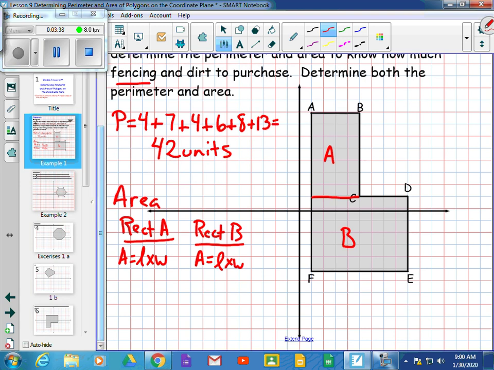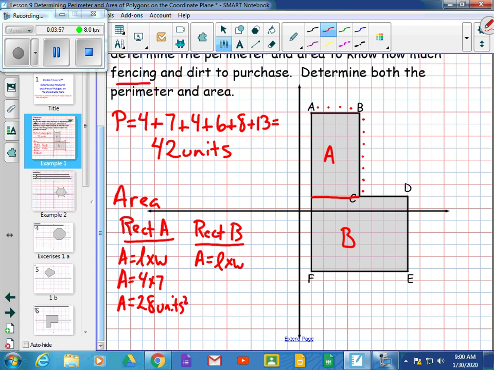And then for A, I have dimensions of 1, 2, 3, 4 by 1, 2, 3, 4, 5, 6, 7, which means that particular rectangle has 28 square units. Notice I'm using square units for area.